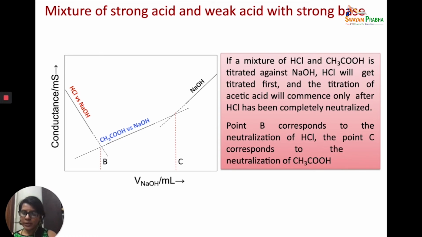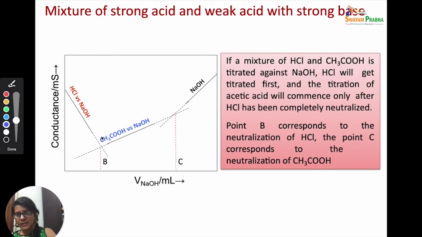The important point here is that initially when you are taking a mixture of HCl and acetic acid, the first equivalence point that you obtain is for the neutralization of HCl. Once the neutralization of HCl has taken place, only then will the neutralization of the weak acid take place.